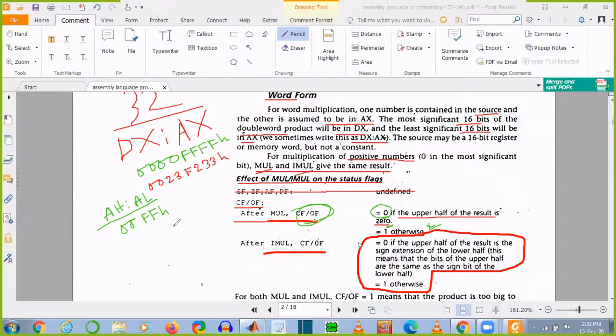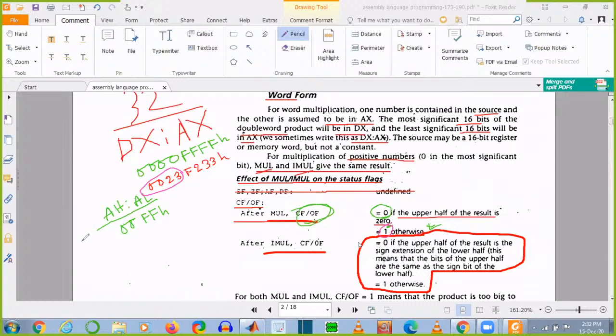That is my result. So in that case, the upper half means the DX value, and we have some number there. So CF and OF will be 1. And if the upper half of the result is totally 0, then CF and OF will be 0.